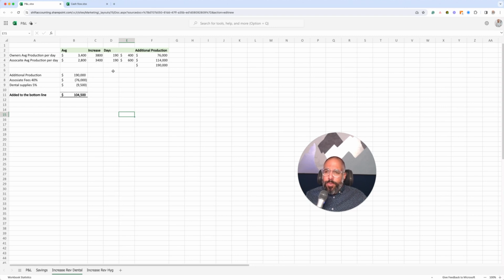And let's assume both dentists work 190 days per year. The impact to dental production would be $190,000 a year. So the owner would generate an additional $76,000, and the associate will generate $114,000.